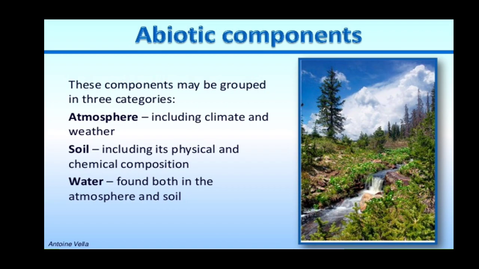Now in this picture you can see the three different layers. The atmosphere includes climate and water. The soil state, called lithosphere, includes physical and chemical composition. And water is also called hydrosphere.